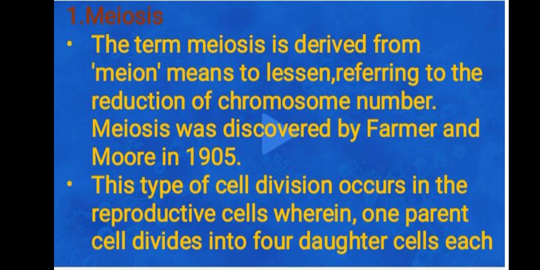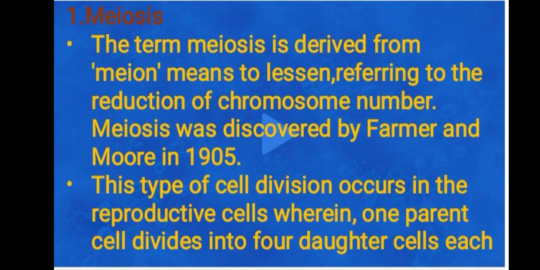Meiosis. The term meiosis is derived from meion, which means to lessen, referring to the reduction of chromosome number. Meiosis was discovered by Farmer and Moore in 1905.